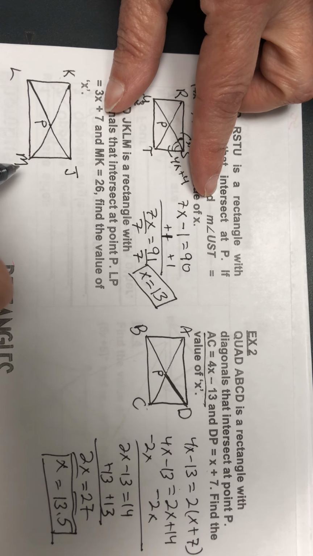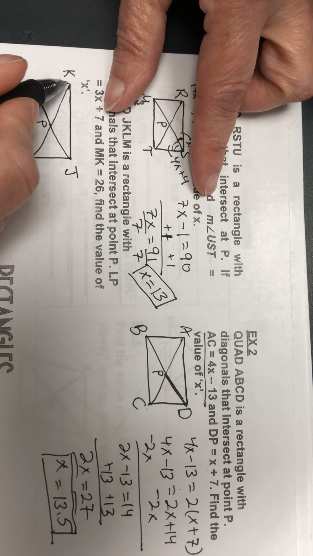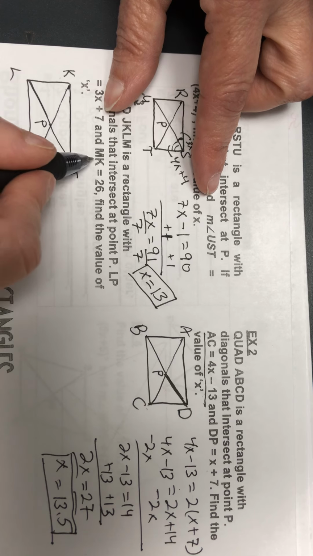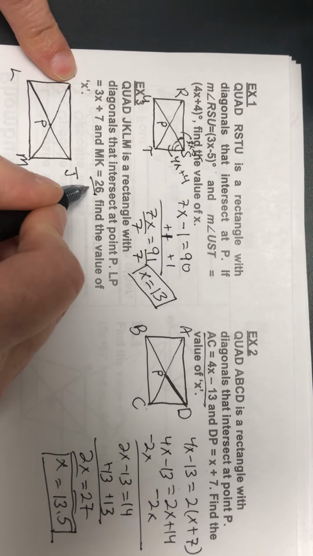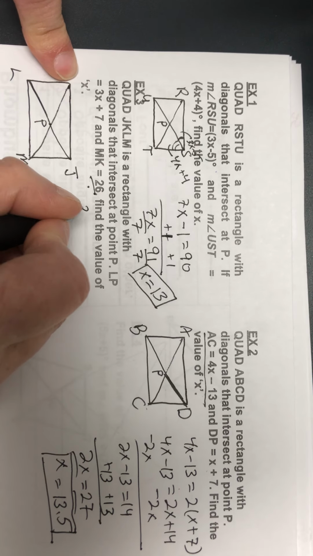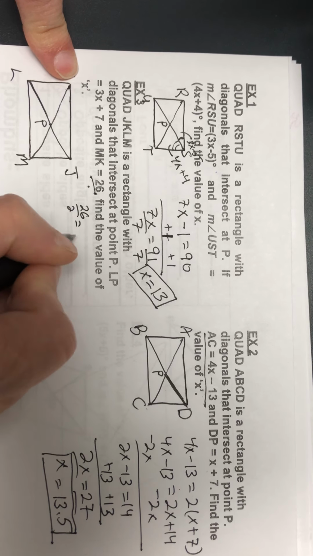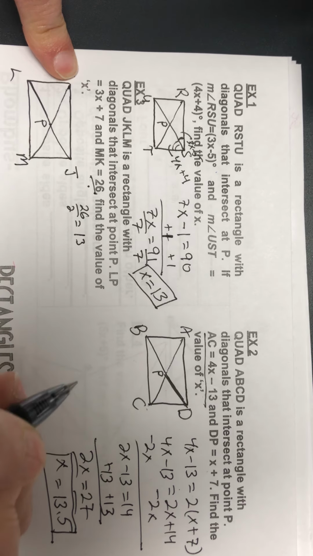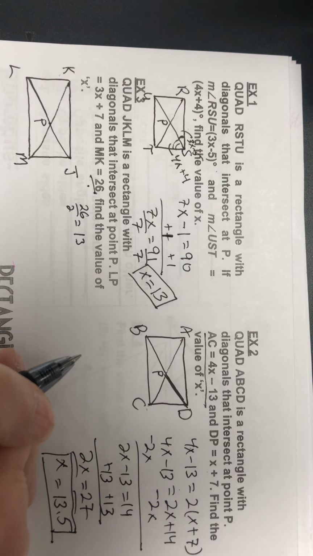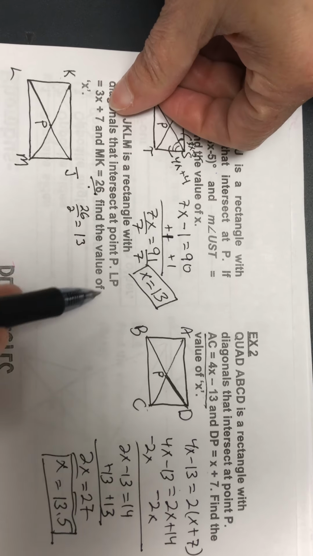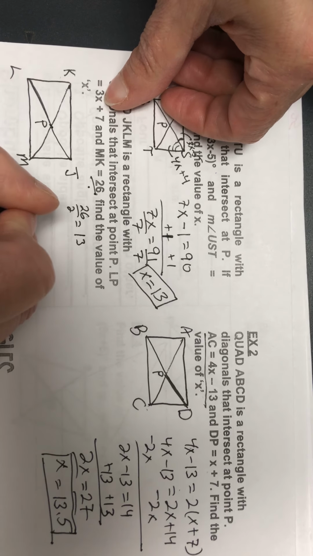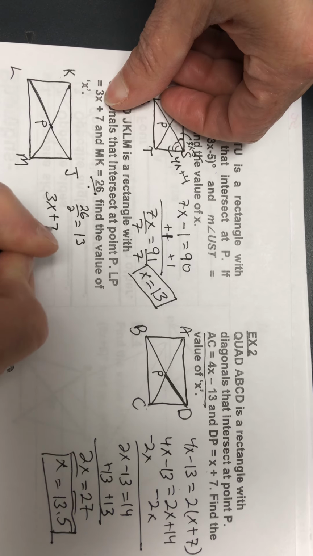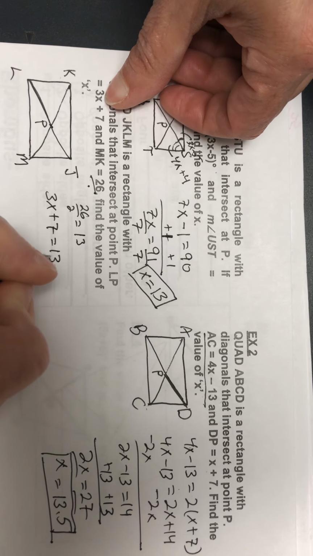And MK, that's a whole diagonal. MK, my whole diagonal, is 26. I can divide that by 2, right? So 26 divided by 2 is 13. So half a diagonal is 13. LP is half a diagonal. So the 3x plus 7 would be equal to 13.